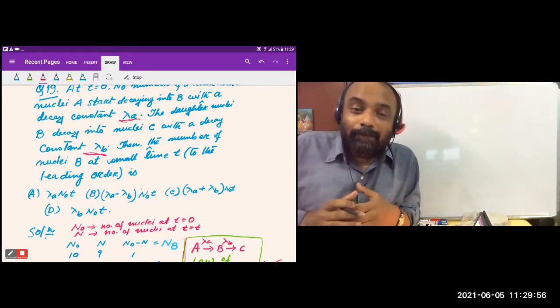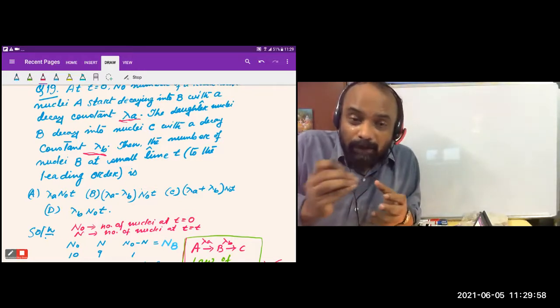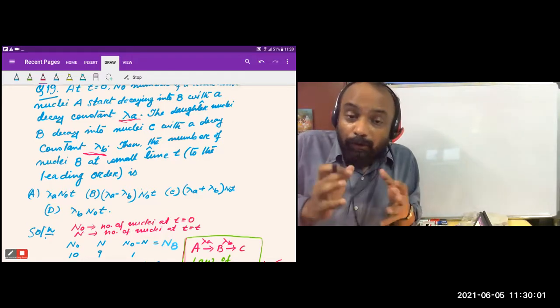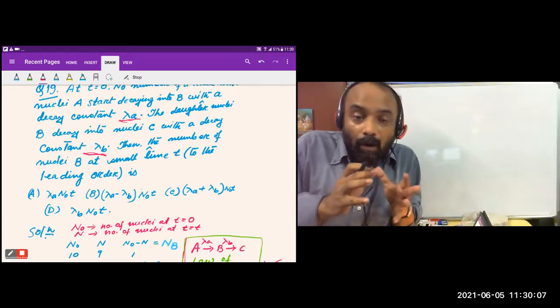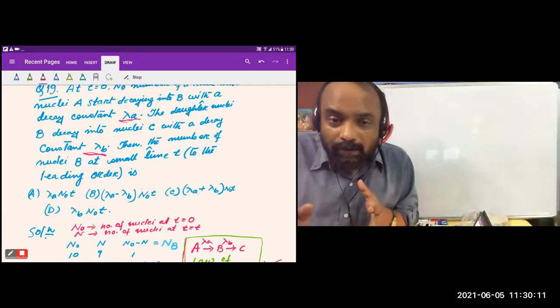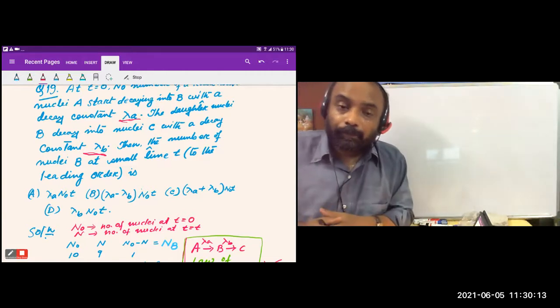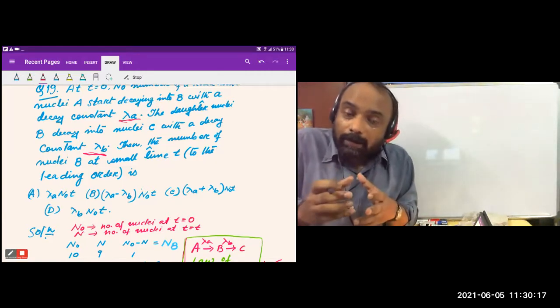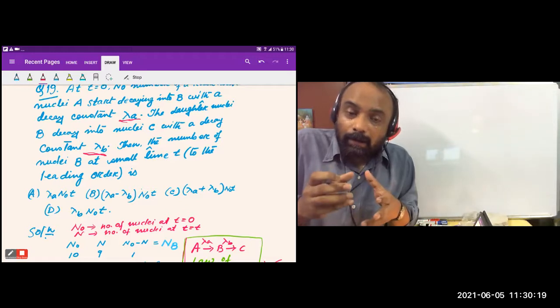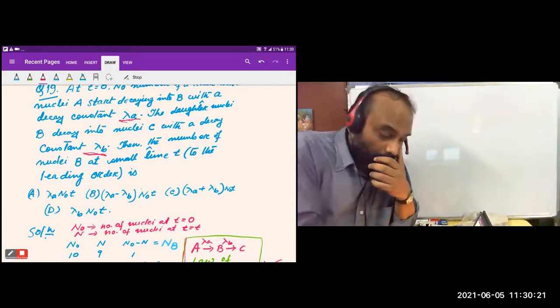So which one, if I use a small trick, could be the right answer? A, because it connects only A and B, because A disintegrates into B. So I can apply this technical trick.